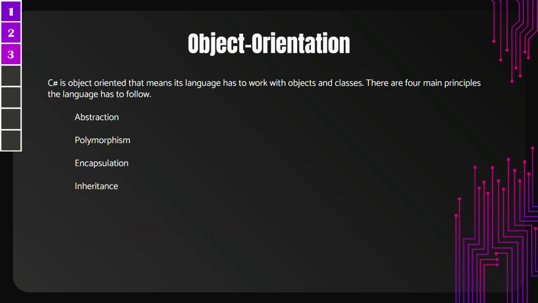And then object orientation. C# is object-oriented, which means that this language is able to work with classes and objects. The four main principles of object-oriented programming are abstraction, polymorphism, encapsulation, and inheritance. Abstraction hides unnecessary details, focusing on what an object does rather than how it works.